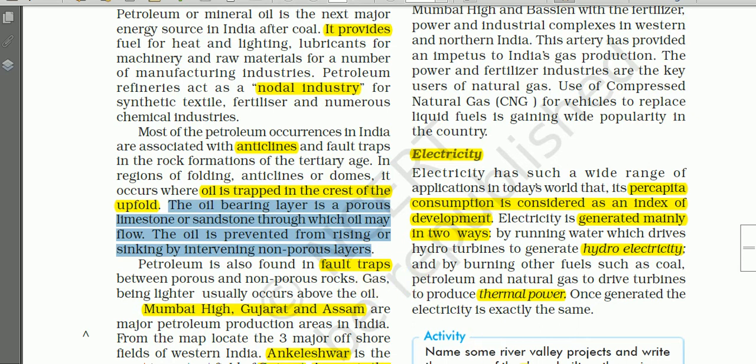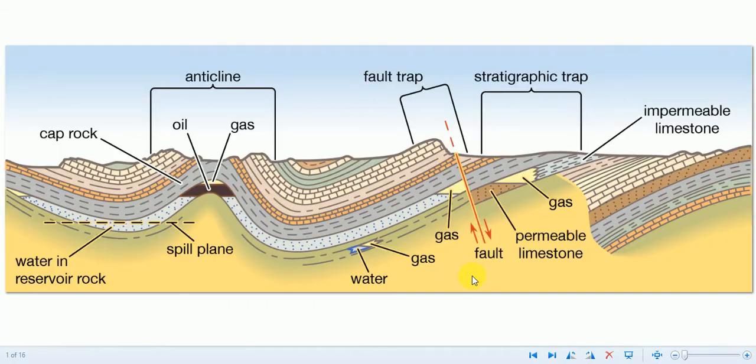One more diagram. See here. Say this portion has been eroded, but this section is known as the anticline of the folding process. And here petroleum is trapped in the upfold of the anticline. Another occurrence is in this way. Here in the fault traps also petroleum occurs. Here this section has been subsided.